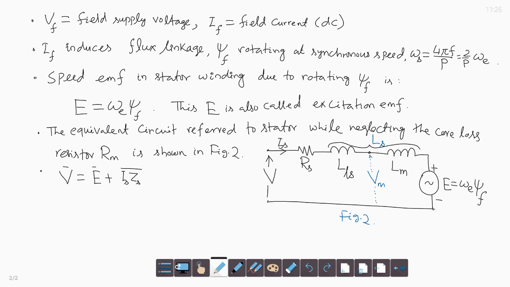By KVL we get this: stator applied voltage equals induced EMF E plus stator impedance drop, where this Zs is Rs plus jXs, the synchronous impedance. And Xs is the synchronous reactance.